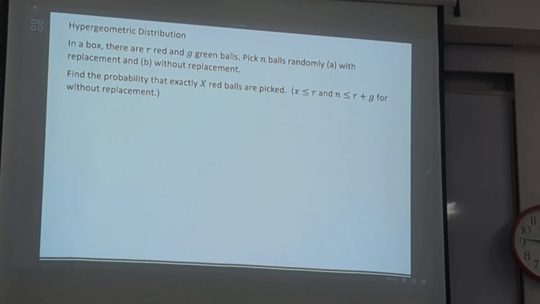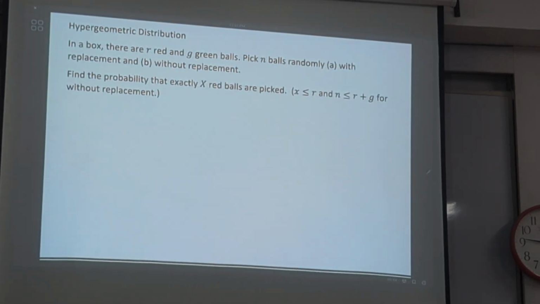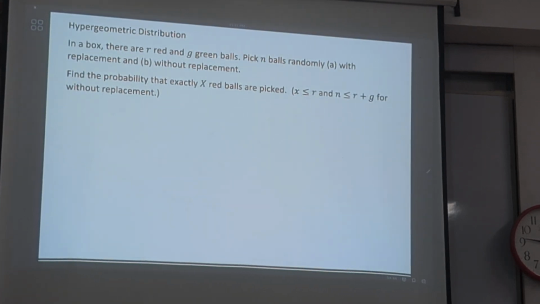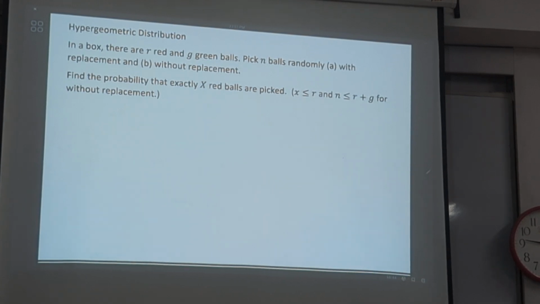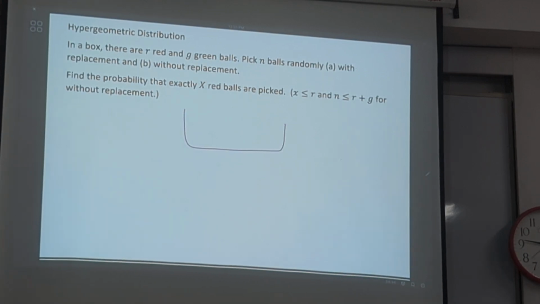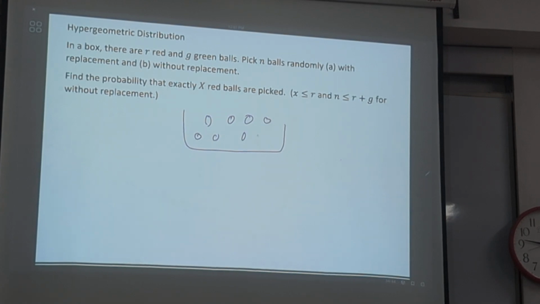Now, hypergeometric distribution. This is one of the most important distributions and very interesting. For all of this, I could have explained it with the example of balls, red and blue, but in the shortage of time I could not go there. Now, let us consider you have a box and you have red balls.